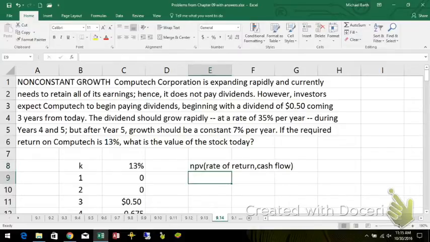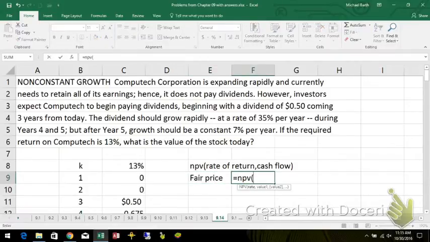The present value of all those future dividends is the fair value of Computech today. So the fair price would be the present value of all the cash flows, using the uneven cash flow function in Excel, with 13% as the required rate of return.